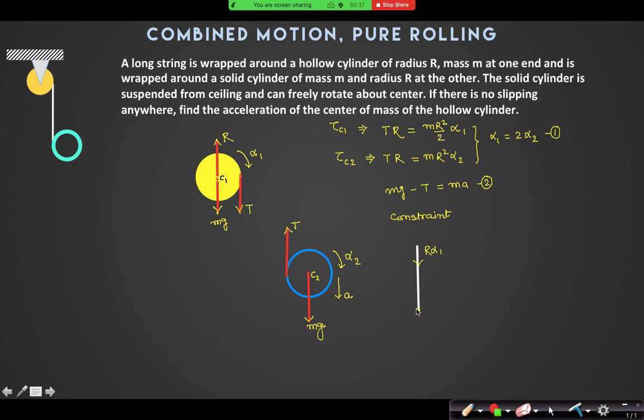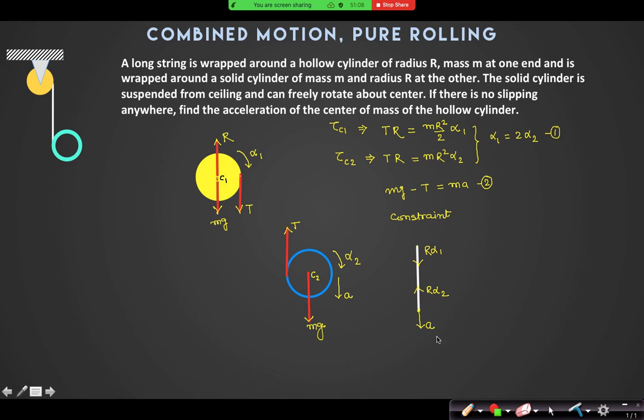Is it R alpha 2? With respect to center of mass C2, it is upward R alpha 2. And with respect to the ground, I also have to add the acceleration A to that.